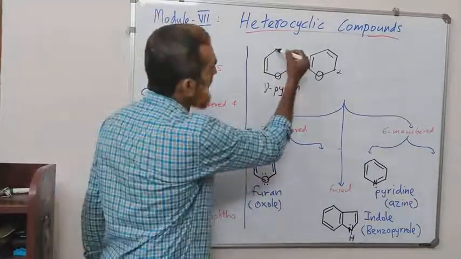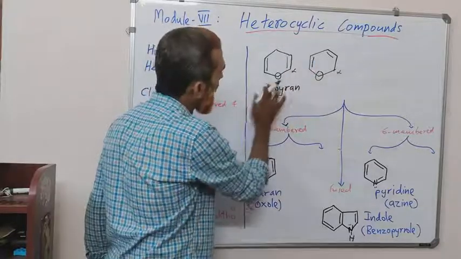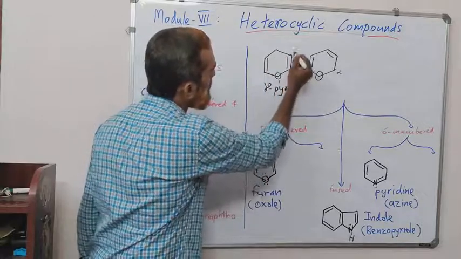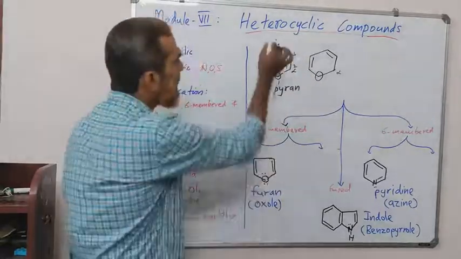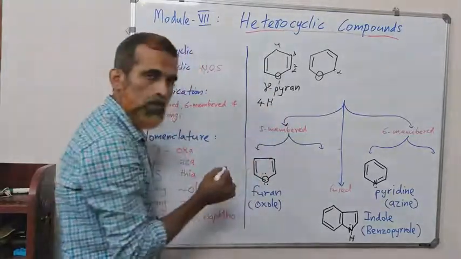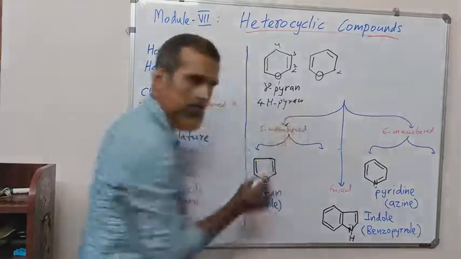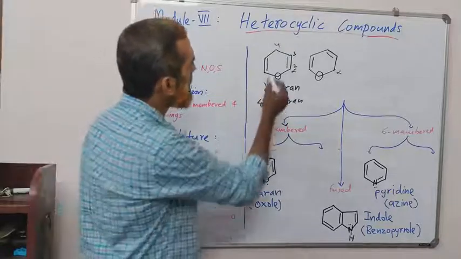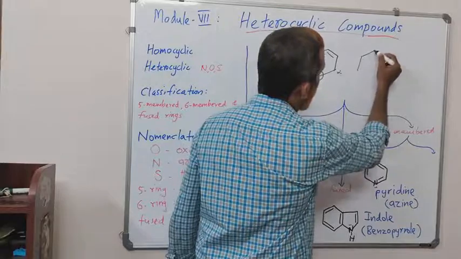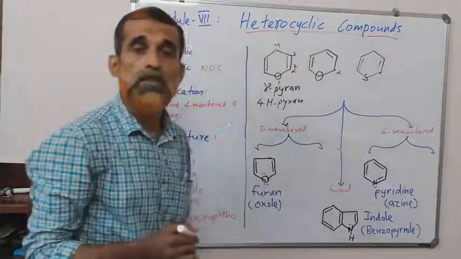This is a saturated sp3 carbon. Instead of gamma, this is position 1, 2, 3, 4. So position 4 is saturated, and we indicate it by putting 4H. 4H-pyran is another way of naming it. And if it is sulfur instead of oxygen, this is called thiopyran.